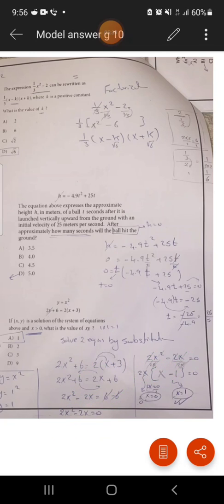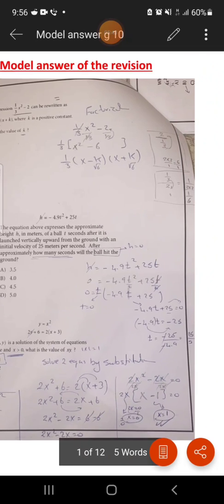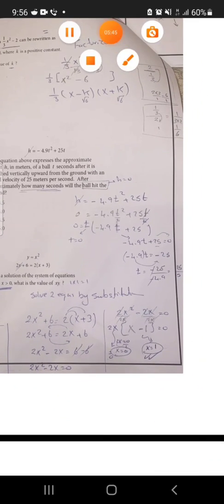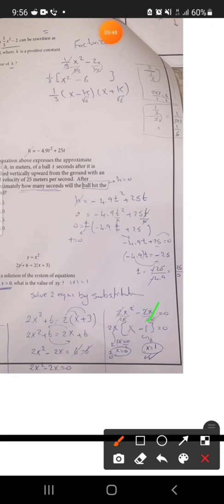No one tell me 0. You have 3 divided by 3 equals 1, not 0. So here will be 1. Then what? The solution here, there is no positive or negative, so the solution will be 0. Here x minus 1, so the solution will be the opposite, which is x equals 1.